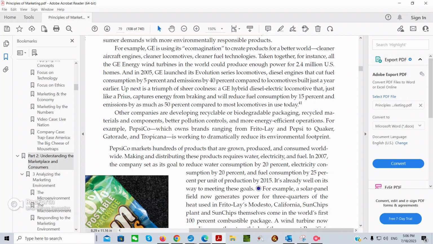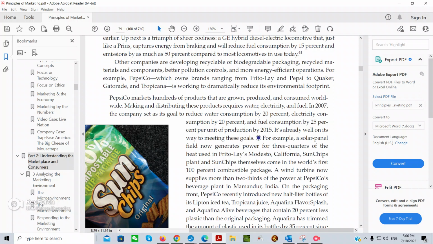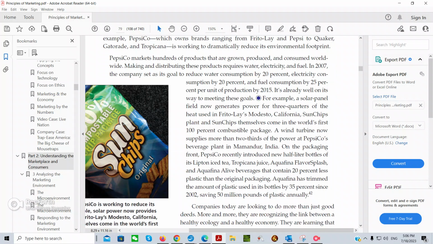Now, other companies are developing recyclable and biodegradable packaging, recycled materials, components, better pollution controls, more energy efficient operations. For example, PepsiCo, which owns brands ranging from Frito-Lay and Pepsi to Quaker, Gatorade, and Tropicana, is working to dramatically reduce its environmental footprint.